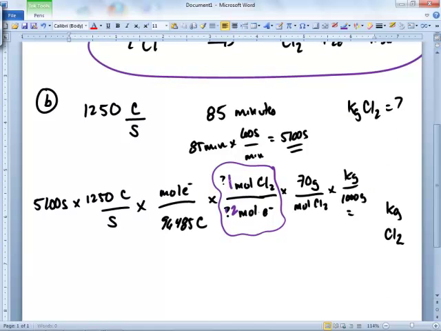And then I'll get my kilograms of chlorine. I'm not sure how much it is, but it's a lot. Okay.